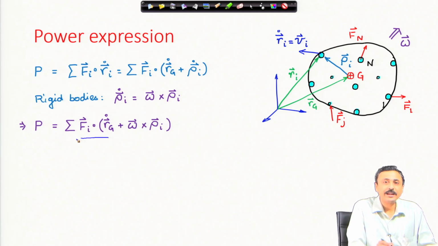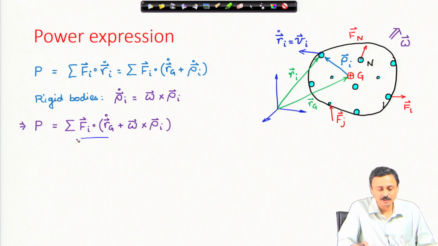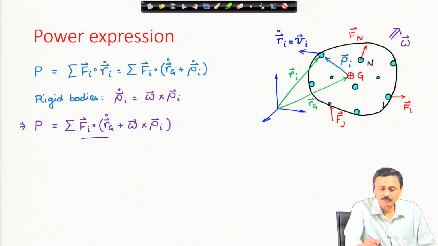Therefore, I will get the net force dot velocity of the center of mass, plus there will be a summation here, which I am going to again do some processing.